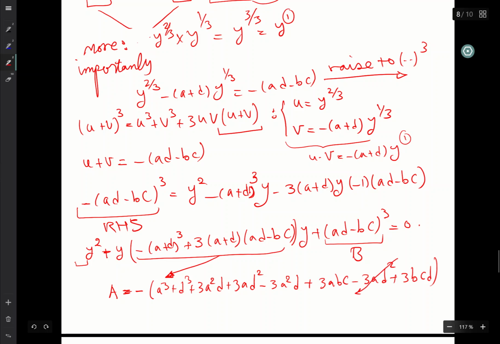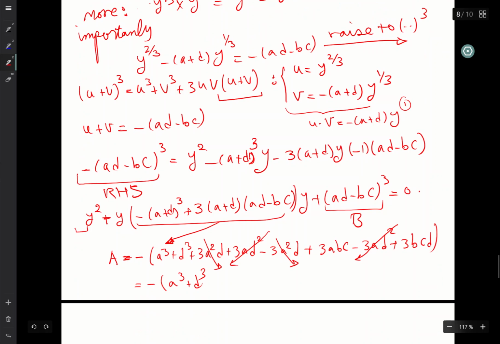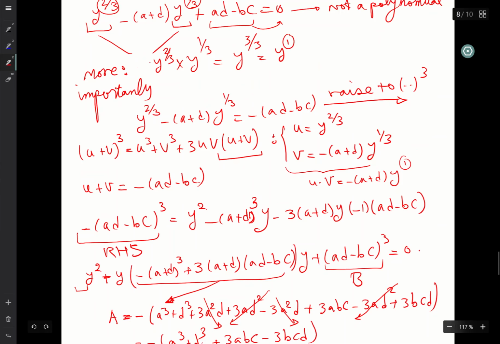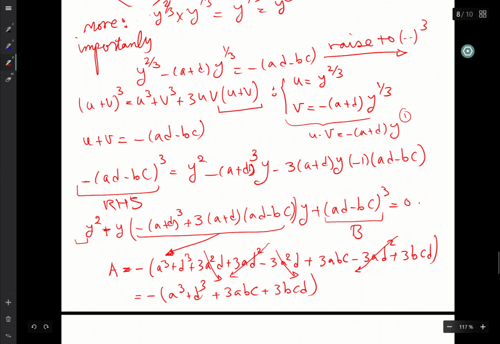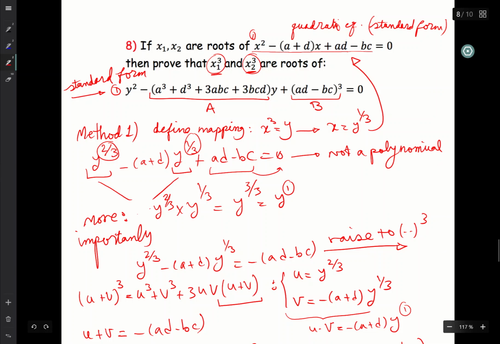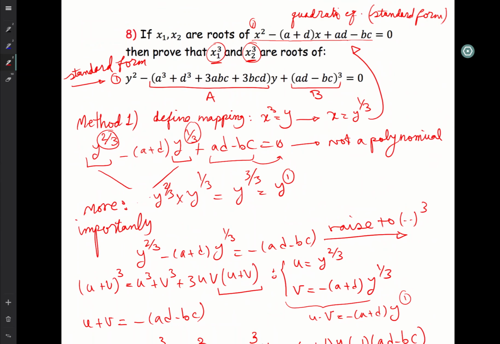The 3a d squared cancels out, the 3a squared d cancels out, and a becomes minus a cubed plus d cubed plus 3abc plus 3bcd. And that's indeed correct.